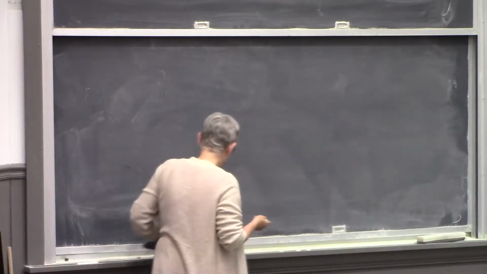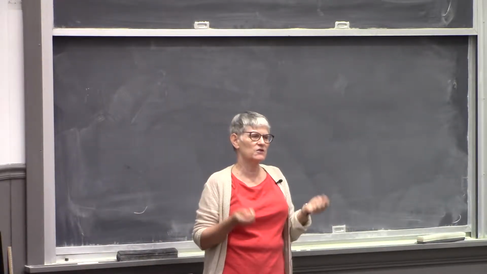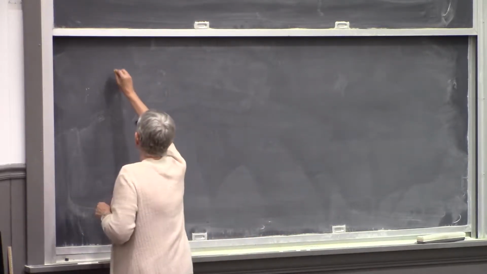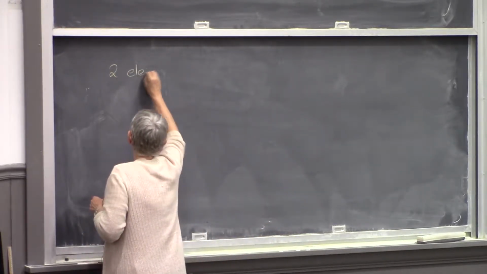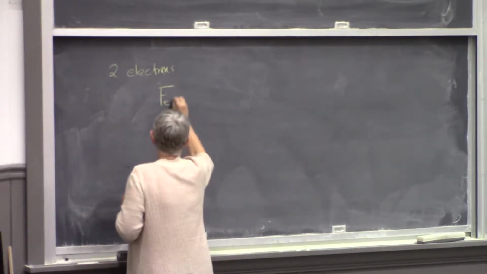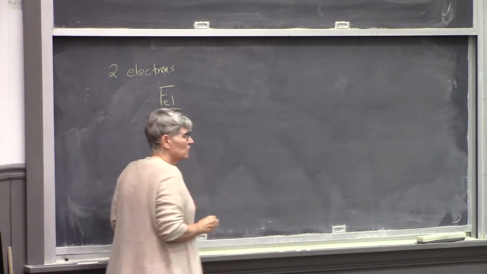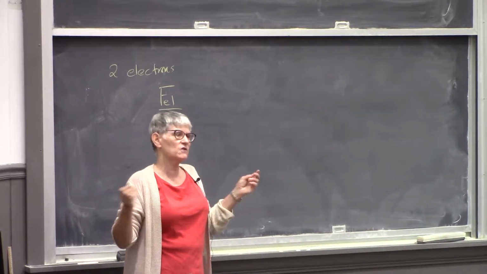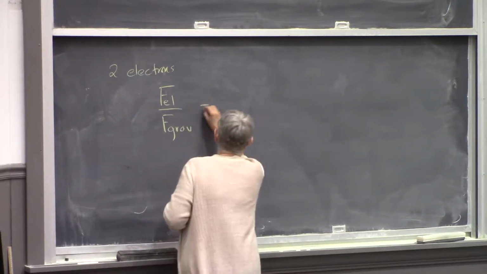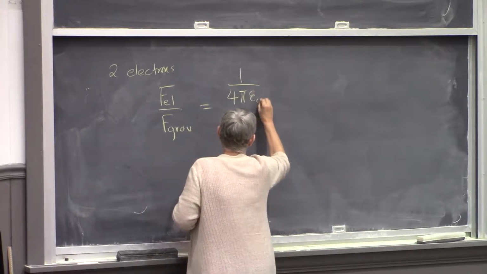And I think the first thing I said wrong is that I said protons, but then I used the mass of an electron. So let's say electrons. We want the ratio of the electric to the gravitational forces, and so we just take the magnitude of the forces. So we have 1 over 4 pi epsilon zero.